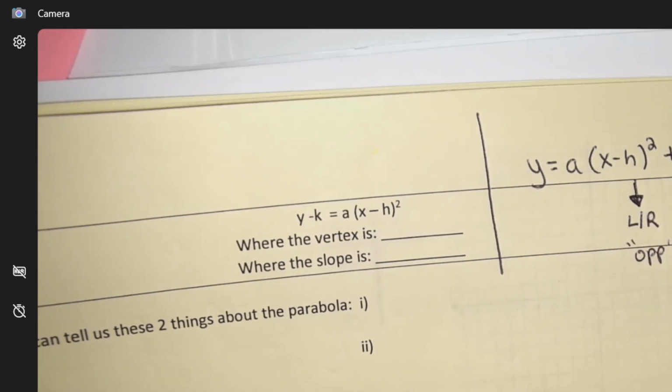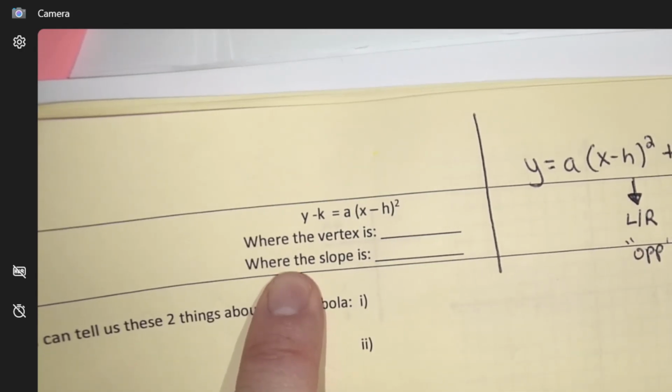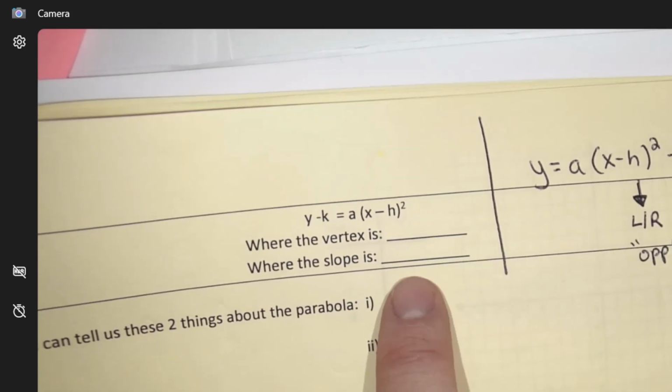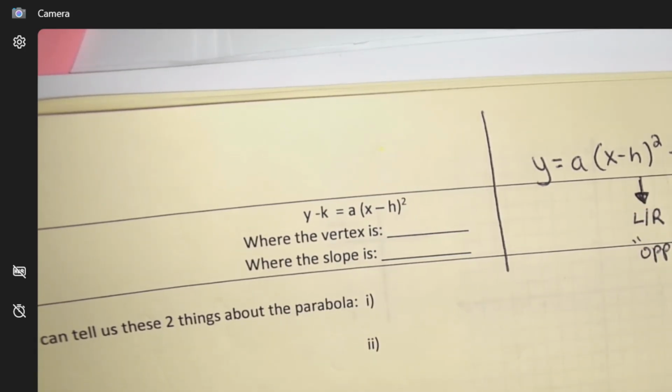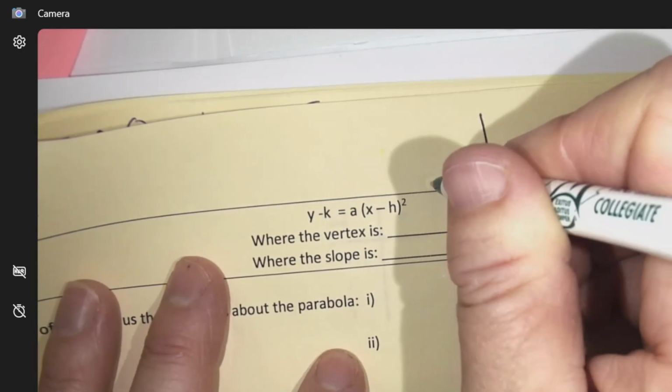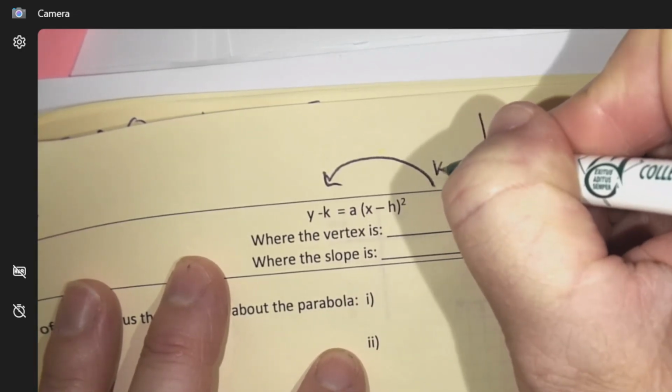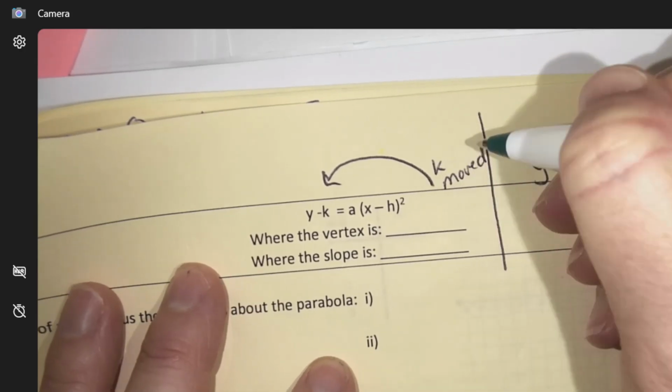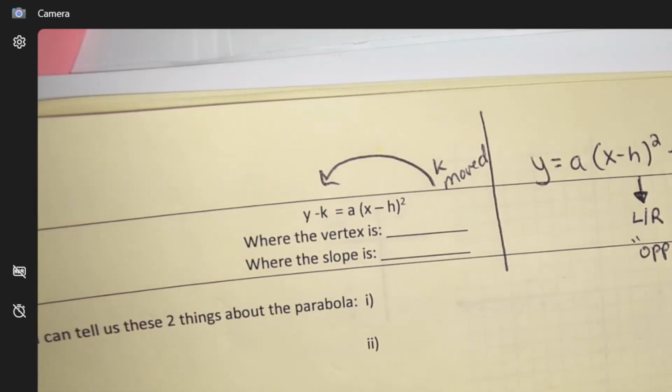What's the difference between what we did yesterday and how I put this one today? What's the only difference you could see from here to here? The K. What happened to the K? The K moved. So in this one, I just moved the K, so it's going to be very much the same concepts, it's just that the K is on the other side.